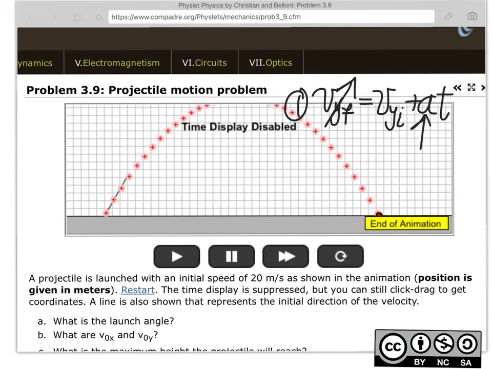But even without the time, you have equation 4, which says Vy final squared equals Vy initial squared plus 2 ay delta y.